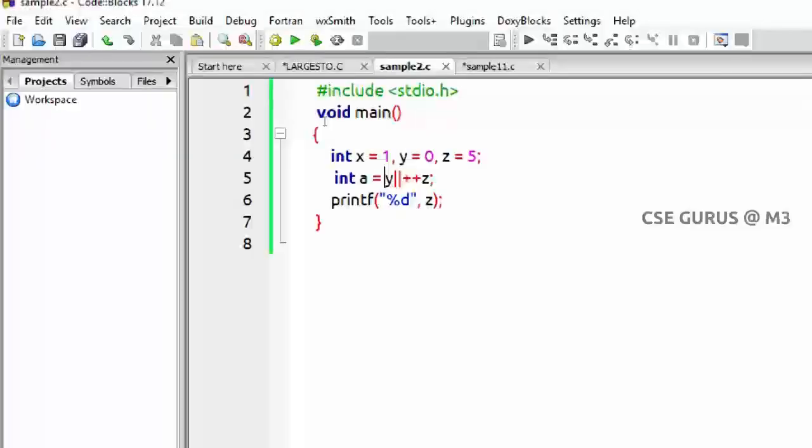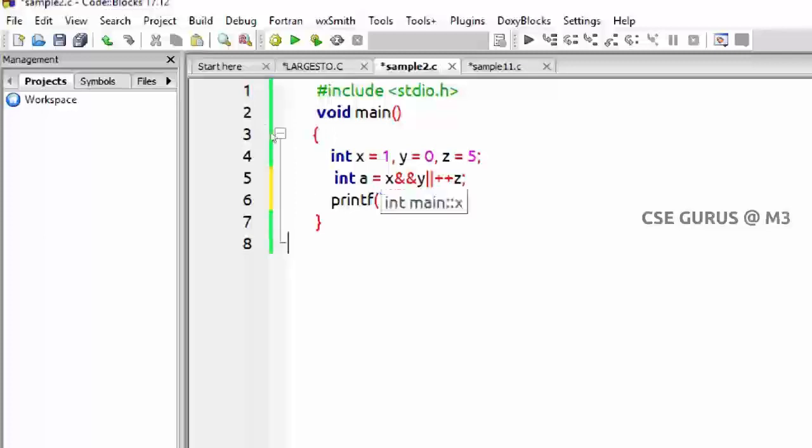What I'll write here is x double and y or plus plus z. So like this I'll consider. x double and; what is the x value? 1, right? The x value is 1. Anyway, I'll ask what the a value is, the resultant I actually want.